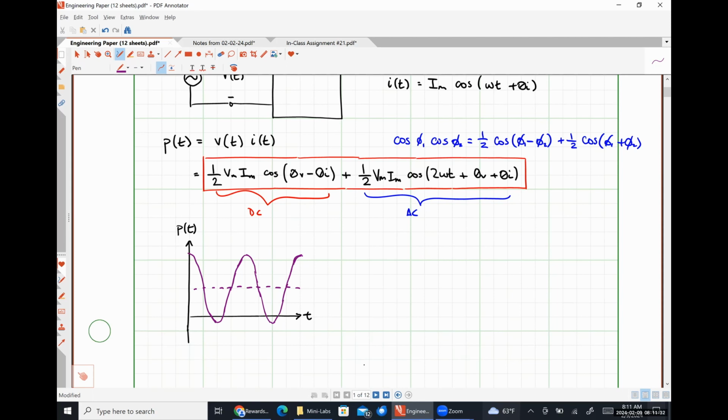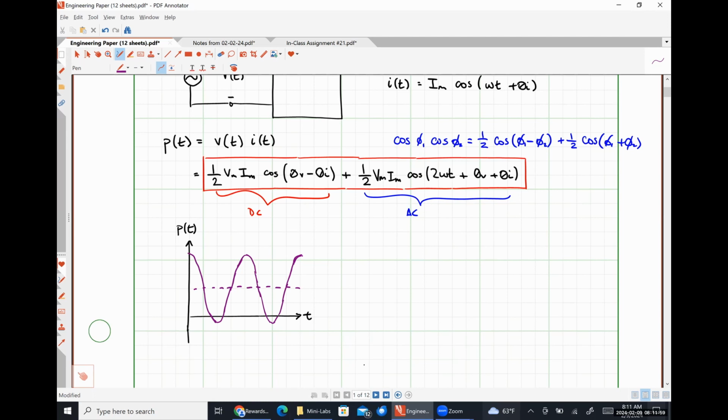So for this particular representation, we can glean a couple of interesting things, okay? If we look at this as a function of the absorbed power of the network, anytime p(t) is positive, that means that our network is absorbing power.